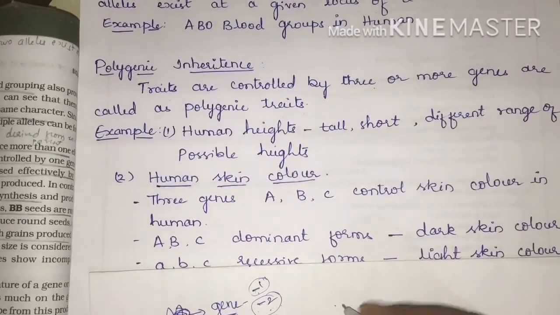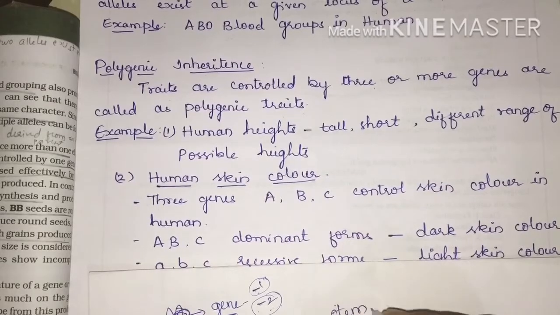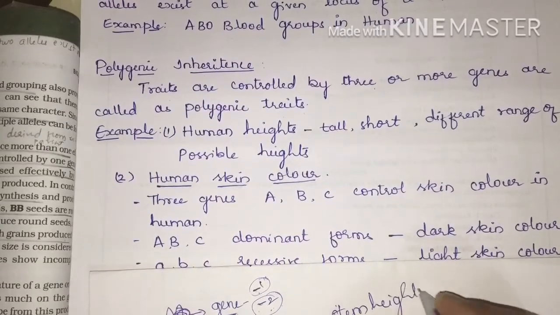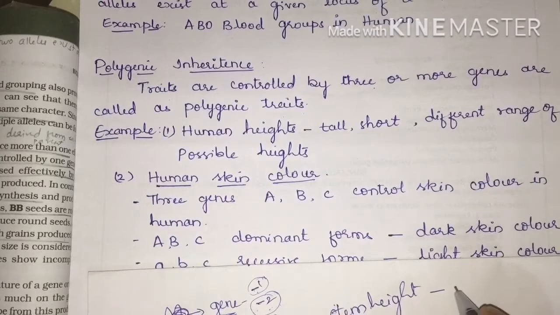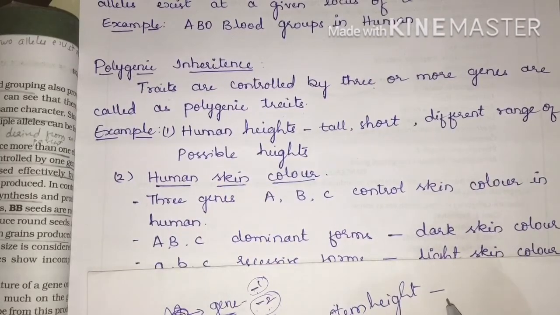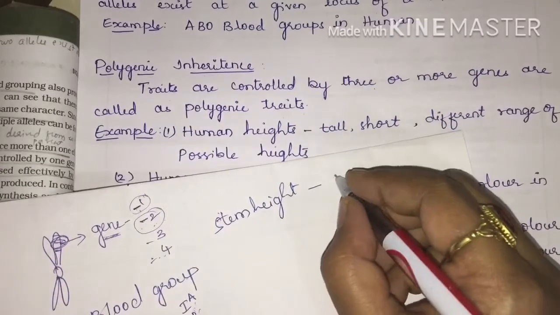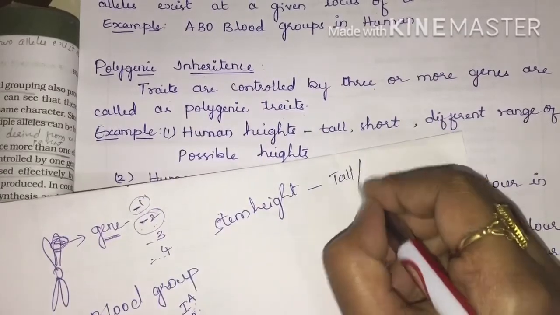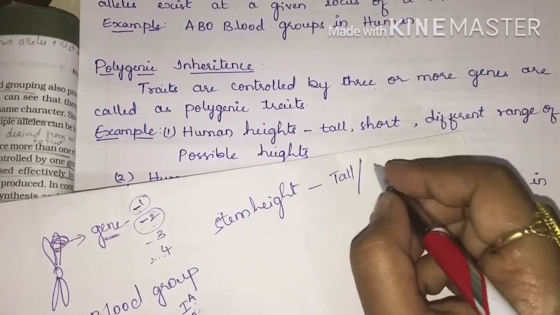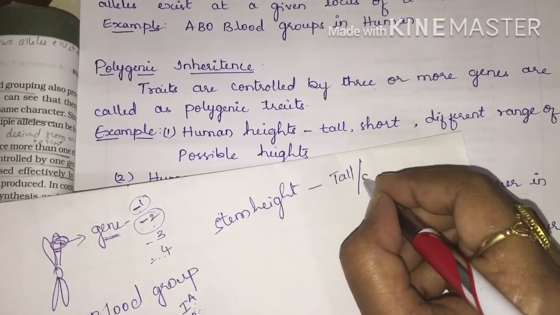One character, as we can say about stem height. The stem height was controlled by one gene in our pea plant, what we have discussed. This stem height was because of one gene which carries two different varieties, that is two different alleles, one for tall, another one for dwarf.